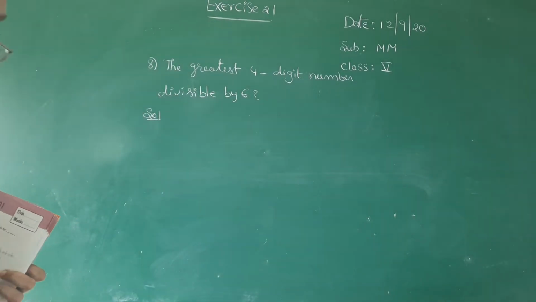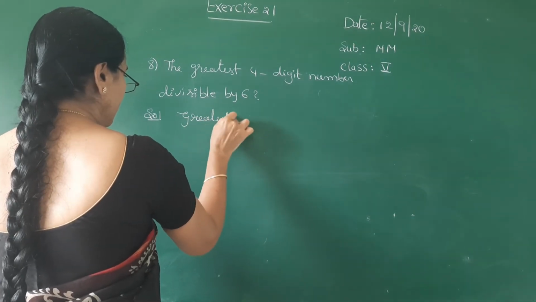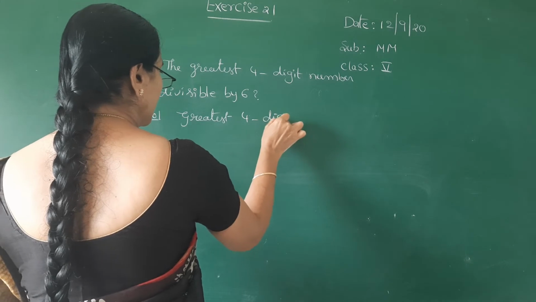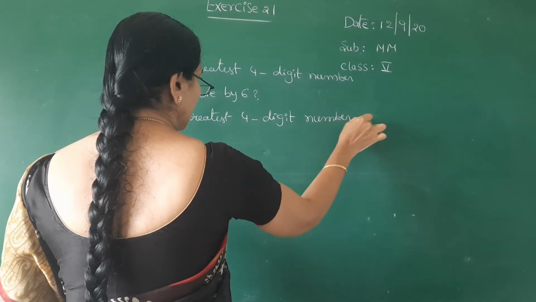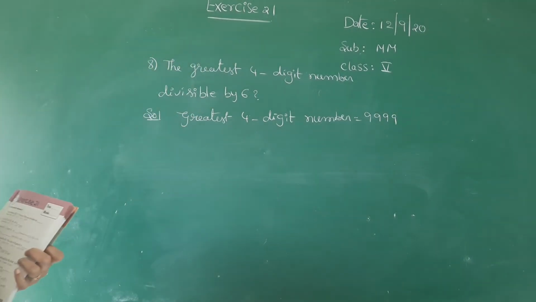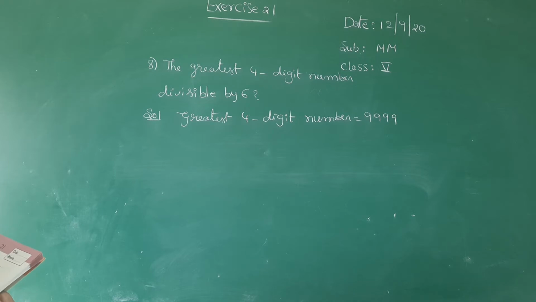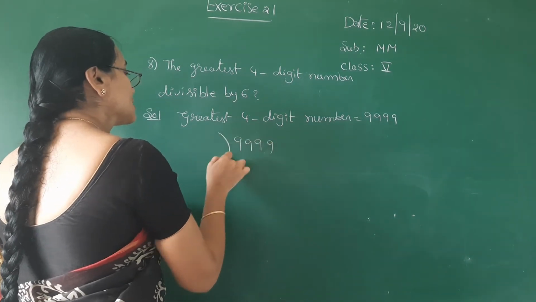The greatest 4-digit number is 9999. But it is not divisible by 6 because it is an odd number, so it is not divisible by an even digit. So you have to first divide this number by 6.